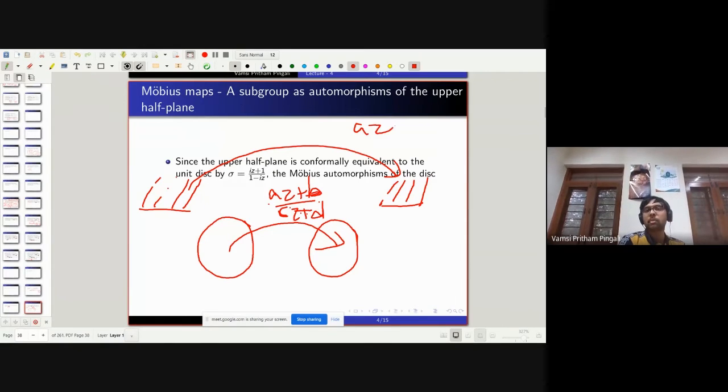They are all of the type (AZ plus B) by (CZ plus D), where A, B, C, D are real and AD minus BC is positive, right? So what about the disk to itself? You can map this to this first, this to this first, and this to this first. Those are precisely all the Mobius transformations that take the disk to itself.